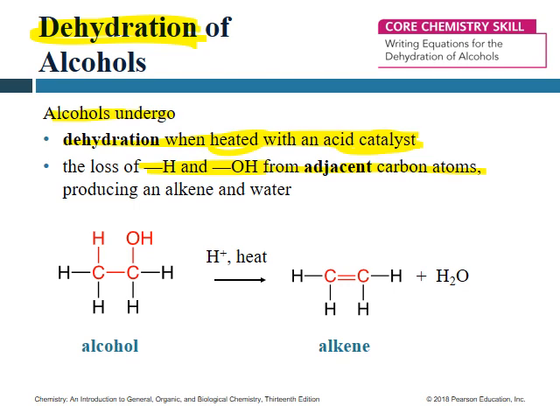What does that mean? For instance, if this is the alcohol that is given to you, what is this? This is CH3 bonded to CH2OH. So this is simply a molecule of ethanol.